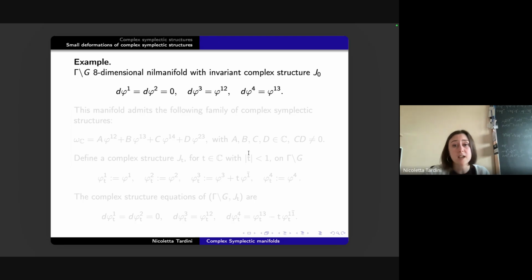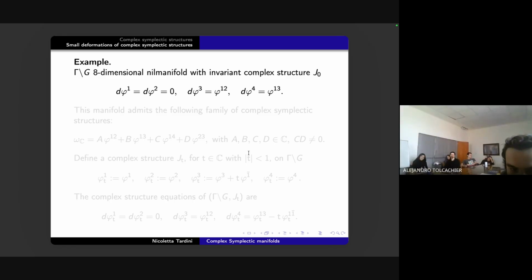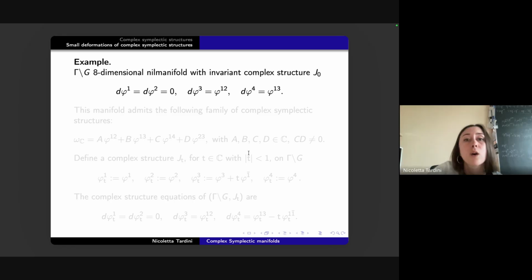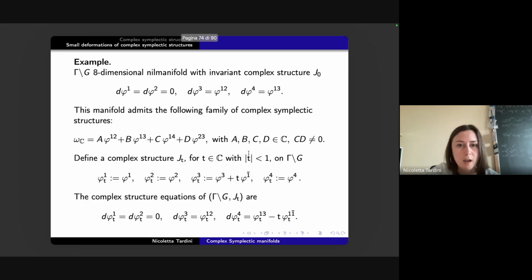And we have examples of manifolds satisfying this condition. We were able to find examples satisfying all these sufficient conditions. How much time do I have? Five minutes. Okay, so I will skip this.